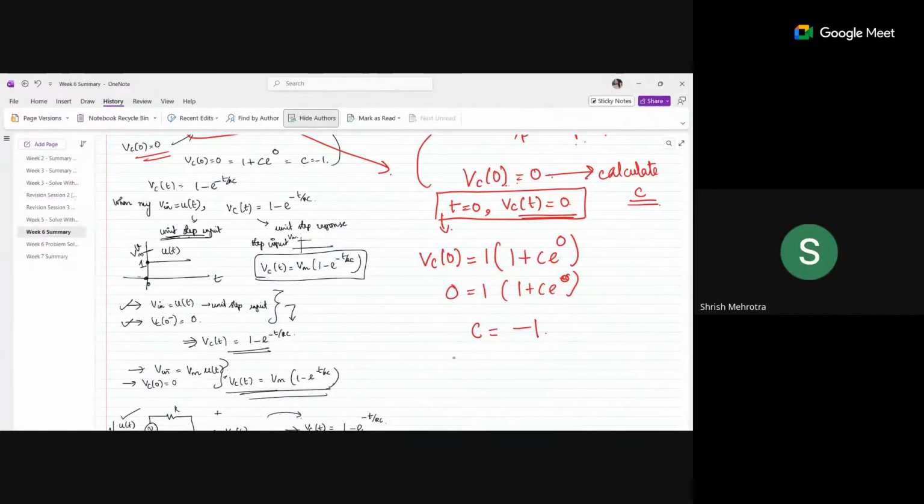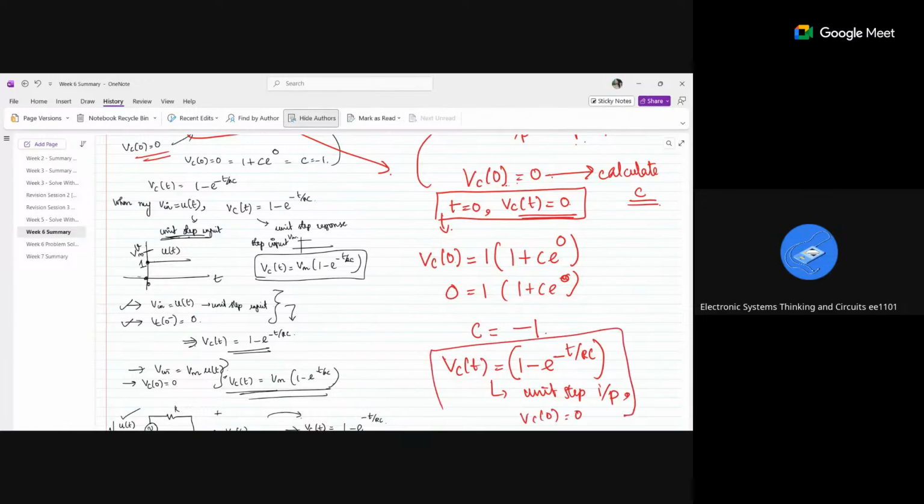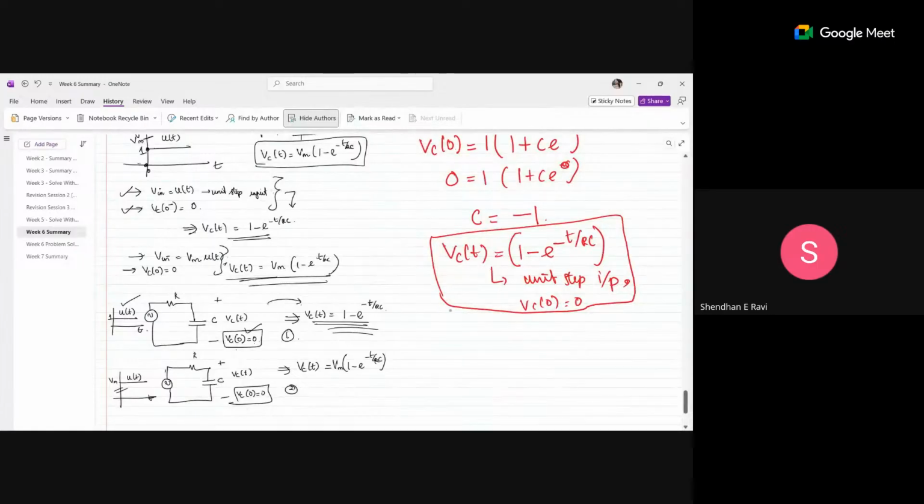Ma'am, but if we are already given the value of C, there is no need to do this. Yes, this is for the unit step input, given Vc of 0 is equal to 0. Only then you can use this formula. Ma'am, here e is energy or what? Exponential. Ma'am, is the C there a constant? C equal to minus 1 is a constant, right?